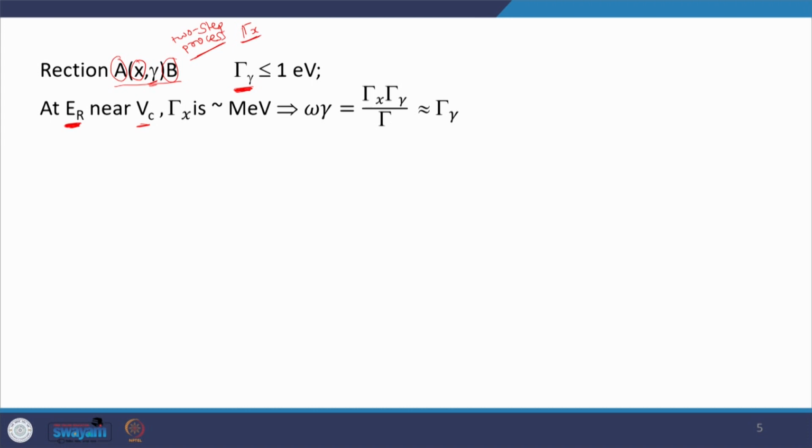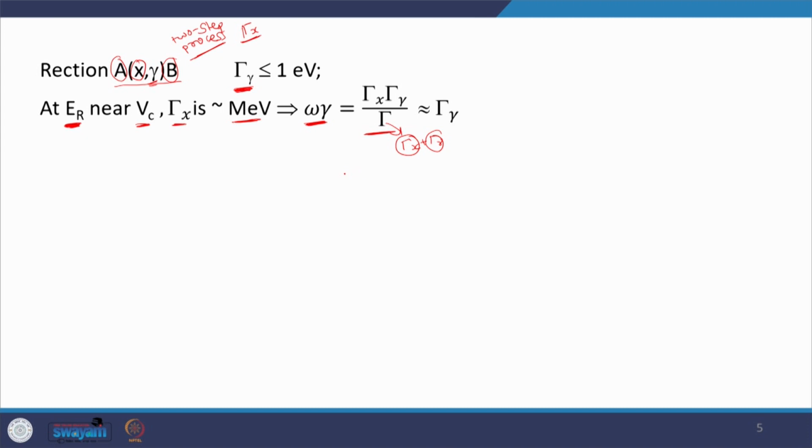Okay? But if the resonance energy is near the Coulomb barrier, then the formation width is of the order of MeV. So the omega gamma, if you take the statistical factor to be 1, then the total width is nothing but gamma x plus gamma gamma, and already I have said gamma x is very large.